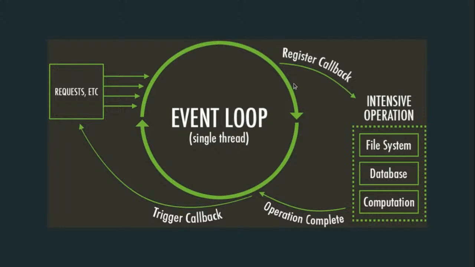So the event loop is a single-thread scheduler. It will always check whether an operation through the file system, database, or computation is done, and then the result is sent to the one who requested it.